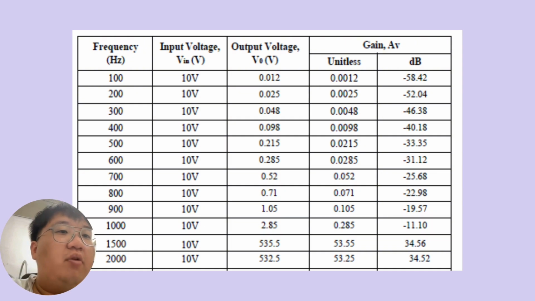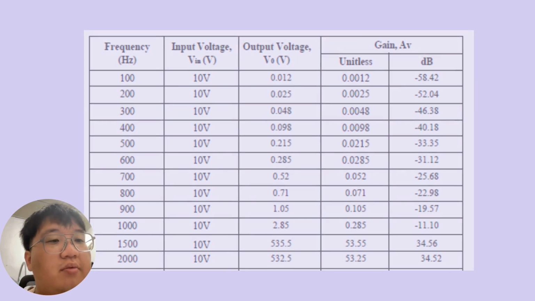You can see from the table, we're increasing 100 to 200 and then 200 to 300. We'll keep continuing this process until we get to 30 kilohertz for a more accurate result.